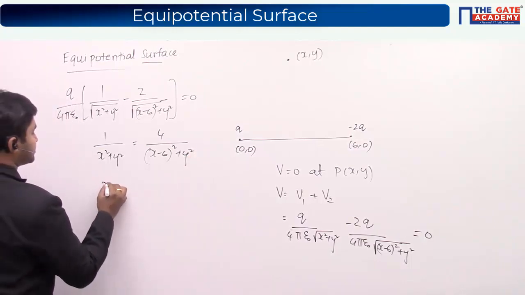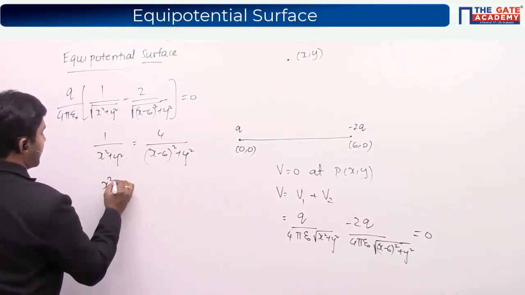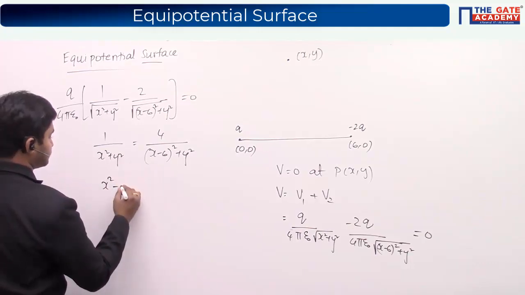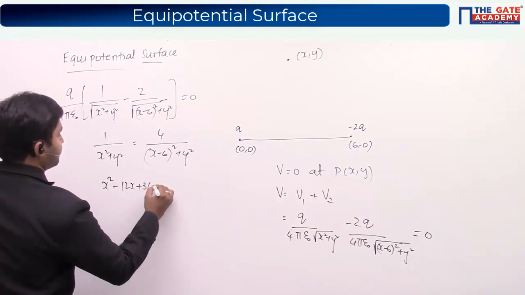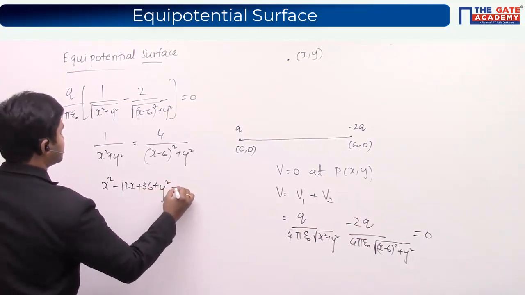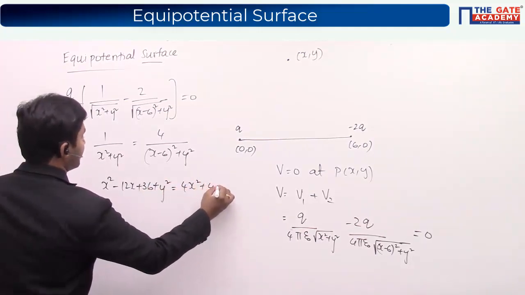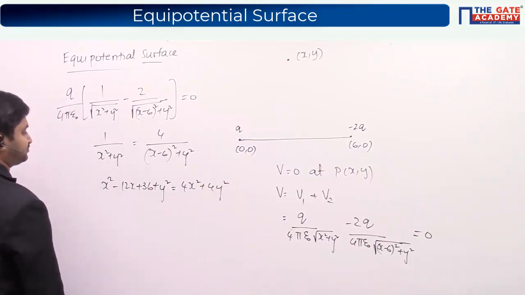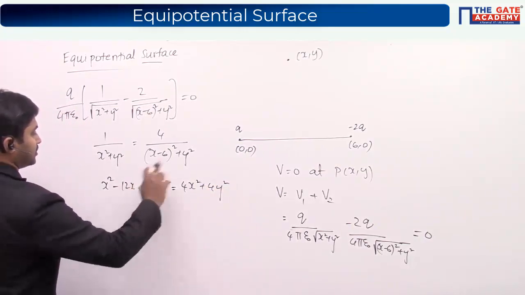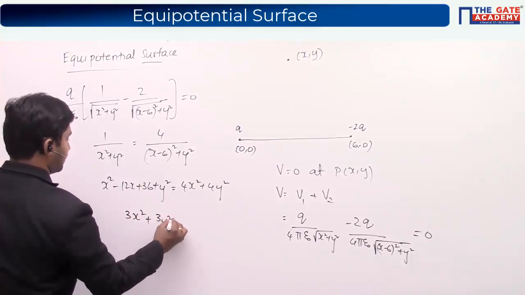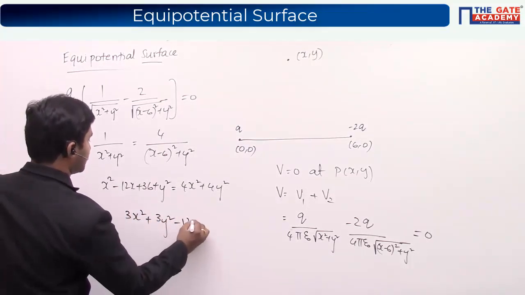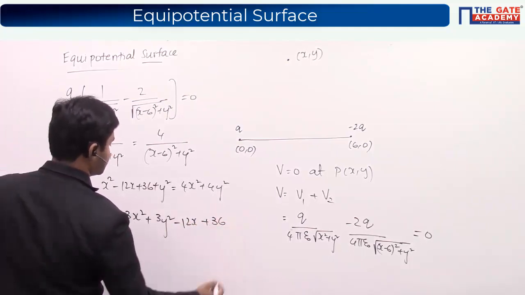If you solve it, (x minus 6) whole square, x square minus 12x plus 36 plus y square is equal to 4x square plus 4y square. So 3x square plus 3y square minus 12x plus 36.